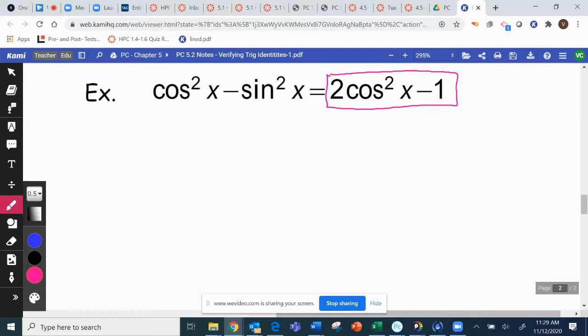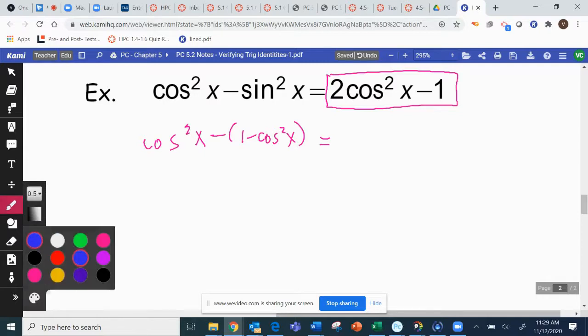But sine squared has a Pythagorean identity that says sine squared is equal to 1 minus cosine squared. So once we convert sine squared into 1 minus cosine squared x, we've gotten rid of the sines. I don't know if that's what you were saying exactly, Chris. Is that what you were saying?